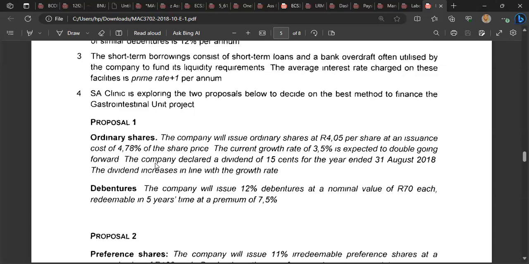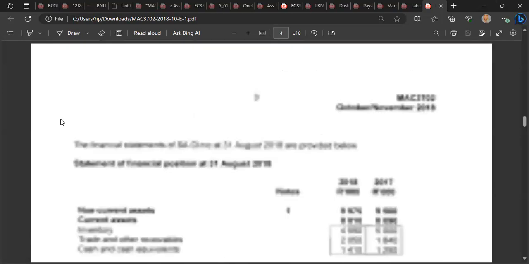So how much are we going to pay? We are not exactly dealing with what's going to be in our accounts or journals. No, we are dealing with how much we are going to pay. Once we know how much we're going to pay, then we can decide where we are going to get that money.